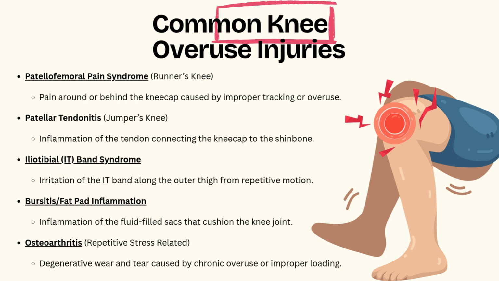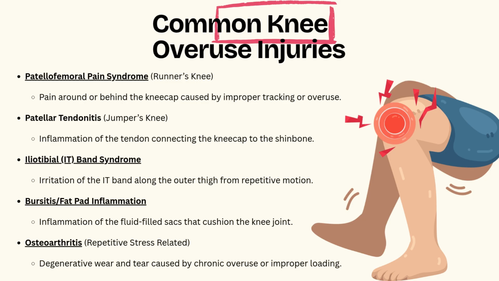Iliotibial band syndrome, just irritation of the IT band along the outer thigh. Also, there's an area down by your knee laterally that the IT band crosses over. There tends to be some friction that happens there also. I kind of link these next two together: bursitis as well as fat pad inflammation.